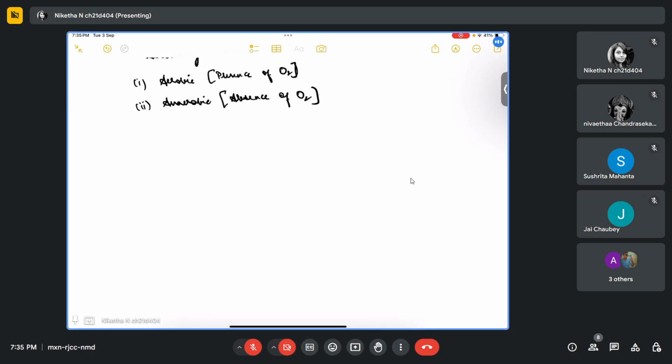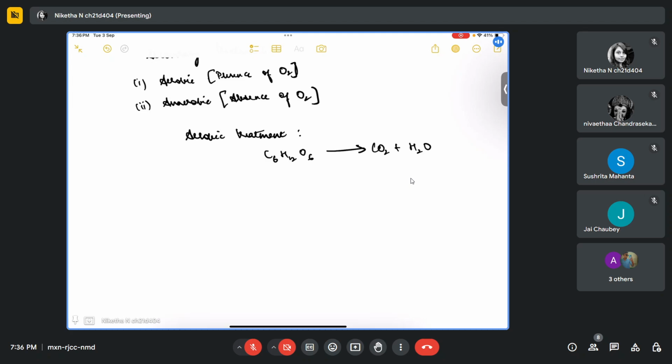So in aerobic treatment, generally the organics, for example C6H12O6, I'm just writing the formula for glucose. So generally when we go for aerobic treatment, glucose in the presence of oxygen and microbes will be converted to carbon dioxide and water.